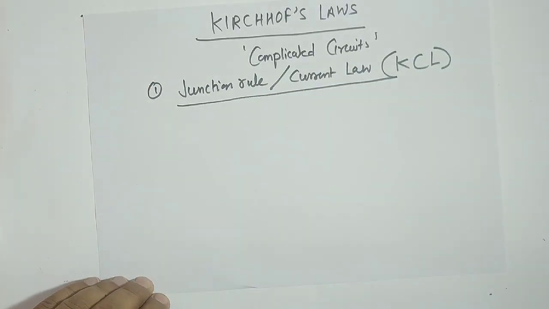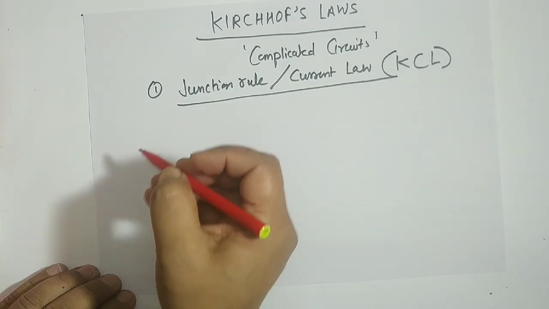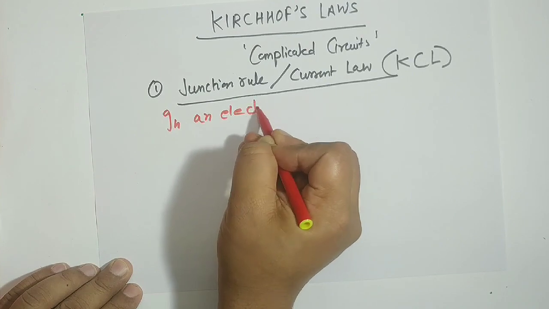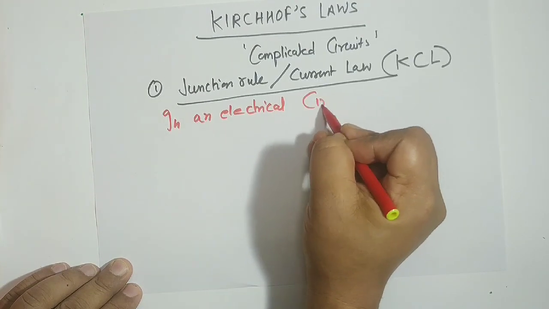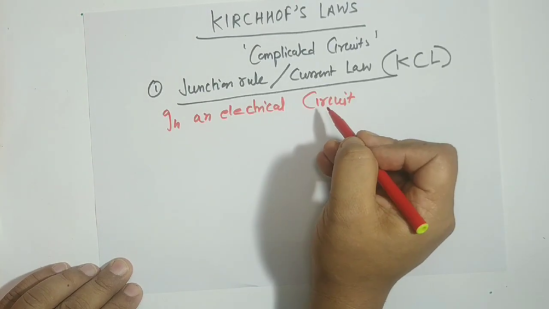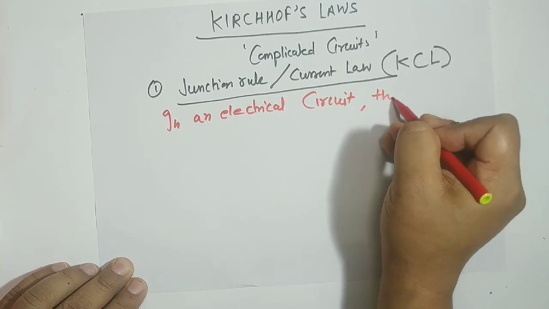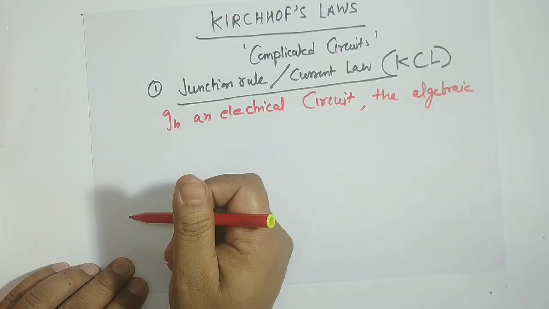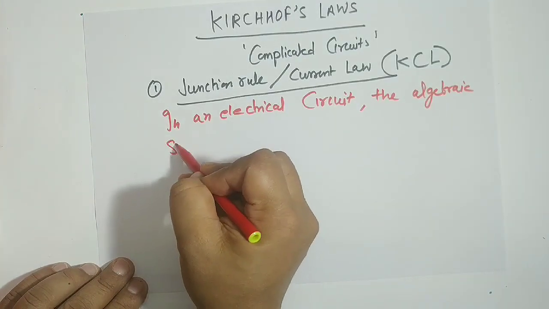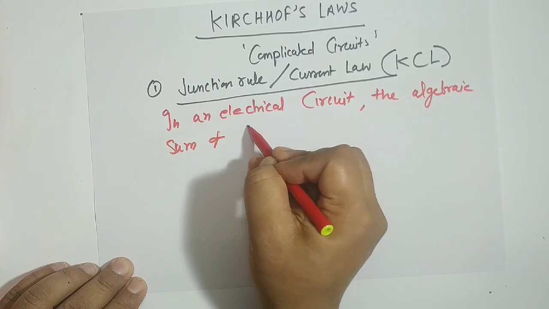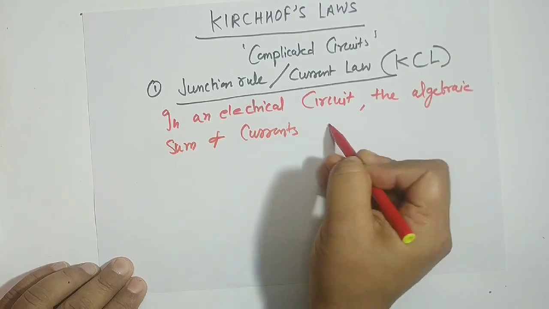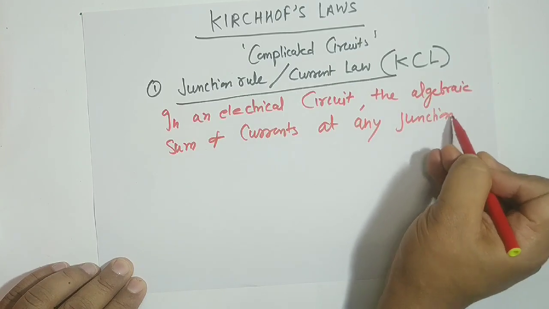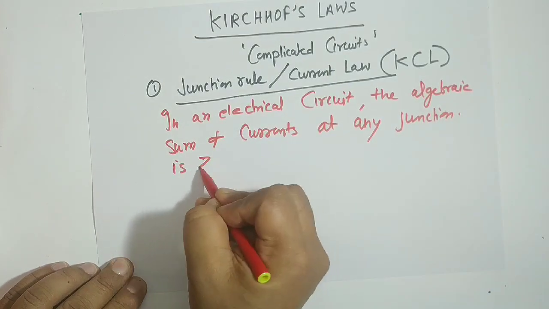Now what does this first rule say? According to the Junction law, in an electrical circuit, the algebraic sum of currents at any junction, are you getting it, at any junction is 0.